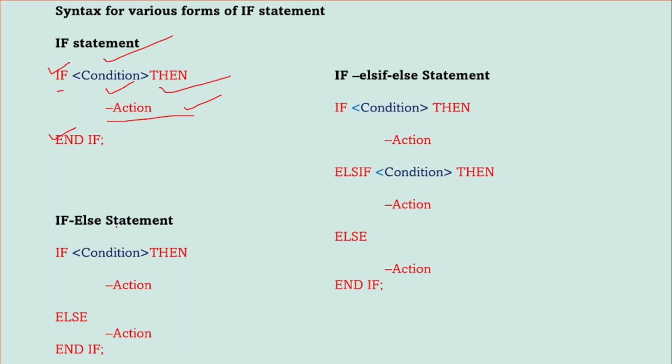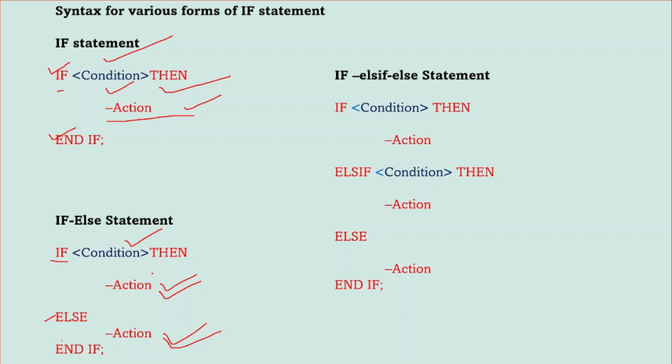Take the second type of structure, that is if else. So there will be one condition, but there would be two actions. If this condition is true, then this will be the action. If it is false, then this will be the action. There will be if, else, then end if. Clear?